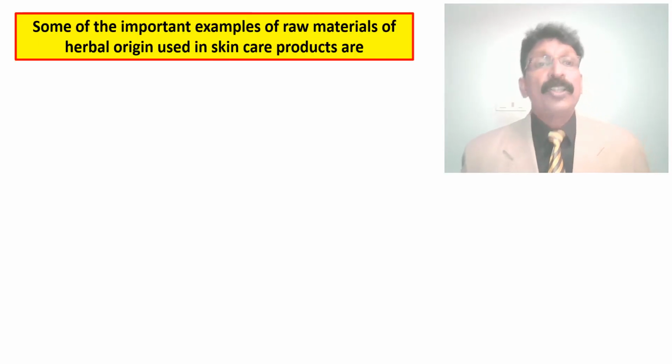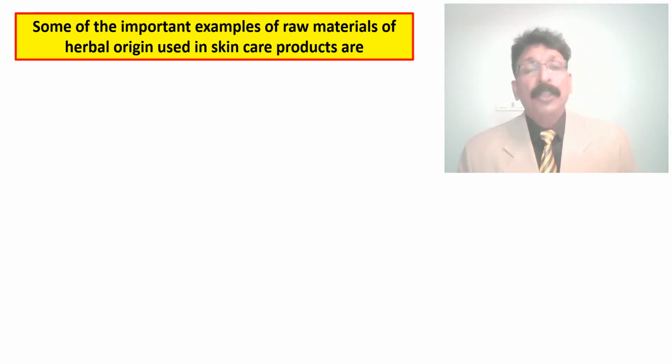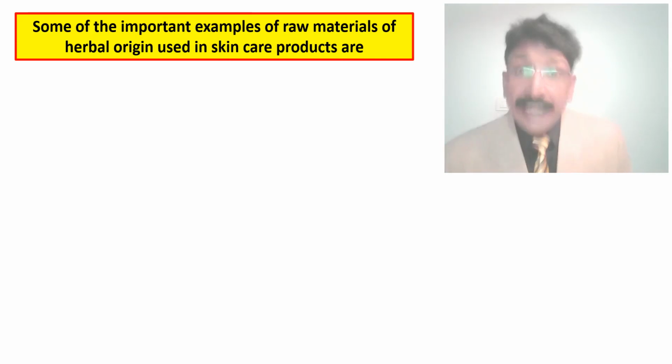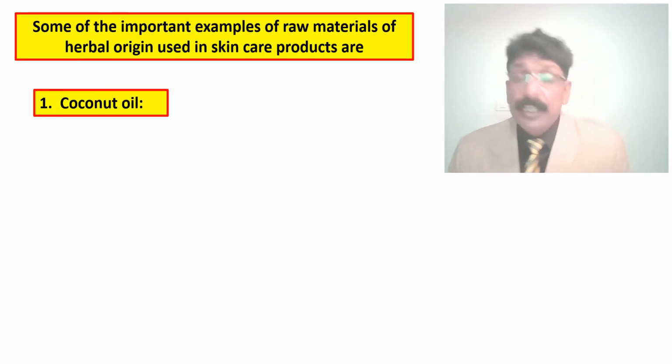Some of the important examples of raw materials of herbal origin used in skincare you should know in detail when a 10-mark question comes. The student should remember at least the names. Once you write and study, you will never forget.